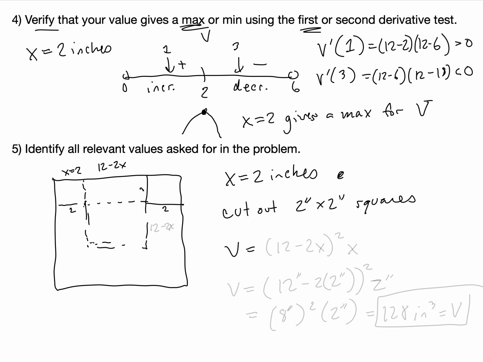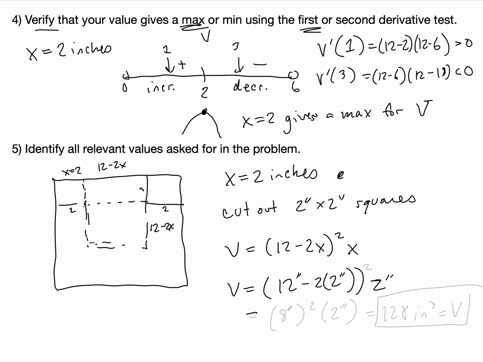The volume of this box has base 12 minus 2x by 12 minus 2x, so (12 minus 2x) squared times x is the volume of this box. In this case, the volume is (12 inches minus 2 times 2 inches) squared times 2 inches.